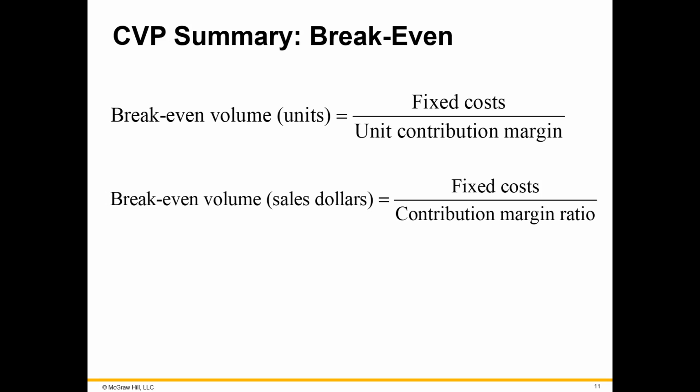So if you like memorizing formulas, you can commit these to memory. The number of units needed to break even is fixed cost divided by the unit contribution margin, which is given in the dollar figure. And if you want the break-even volume in dollars, you take the fixed cost divided by the contribution margin ratio, which is often given in a percentage or in a decimal.